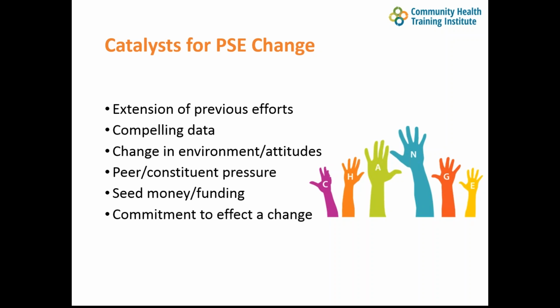It's a great way for folks in the community to advocate for some of those changes that they want. And with funding, if you notice, there are more and more funding opportunities that are providing seed money for folks to start thinking or continuing to think about having these types of policy, systems, and environmental changes in their community.